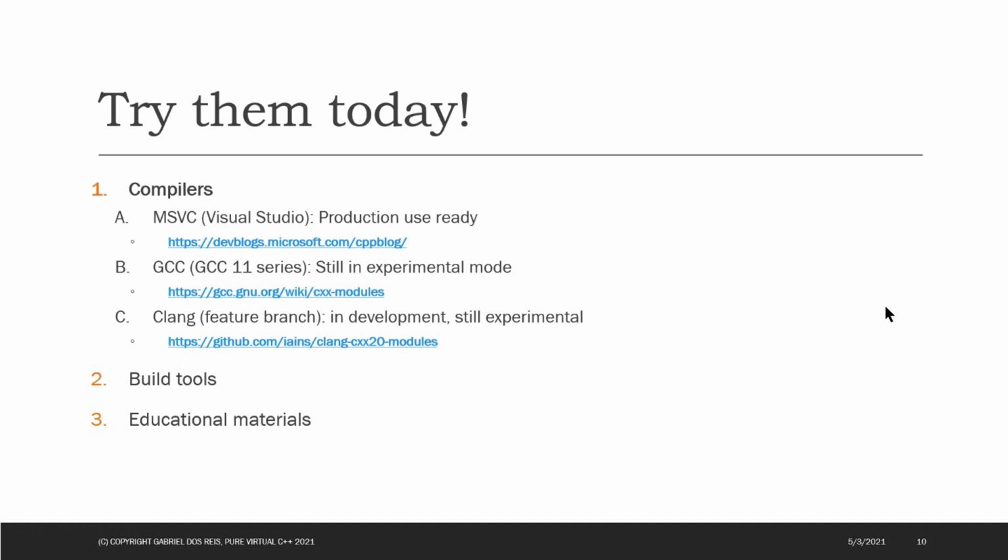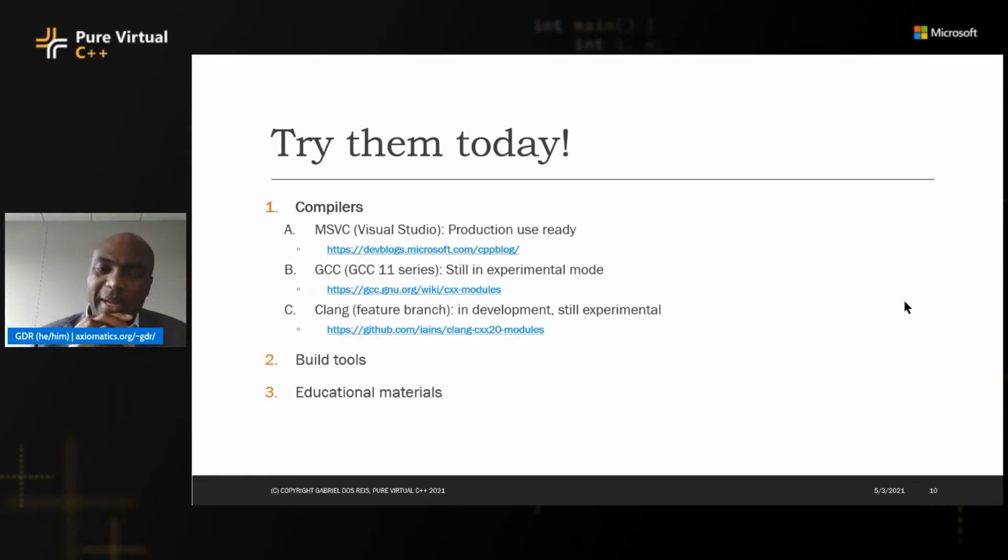And then in Clang, there is a branch of Clang that contains active development of this feature that is already in C++20. Just like GCC, it is also experimental. You can check the source code out from Ian Sando's GitHub page and build and enjoy modules.